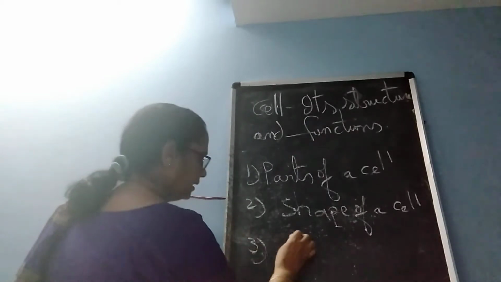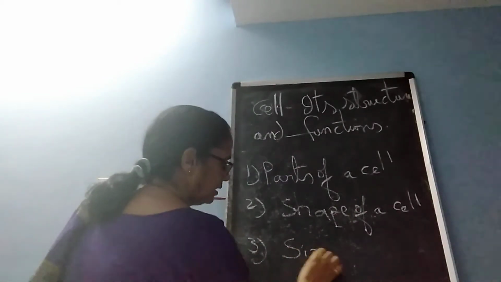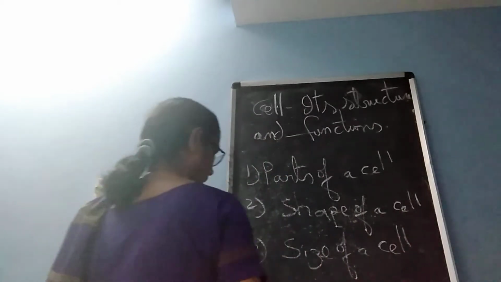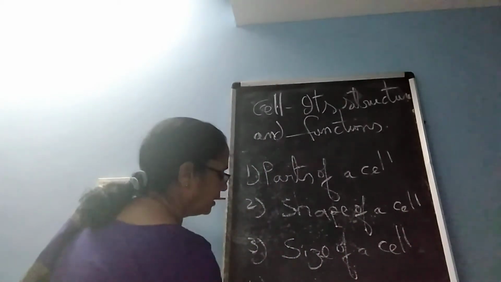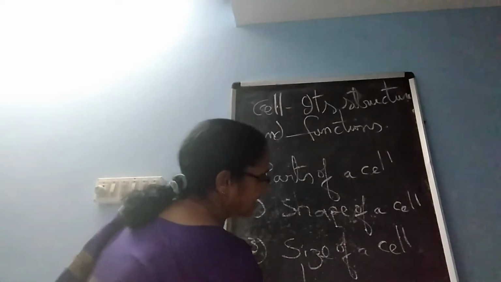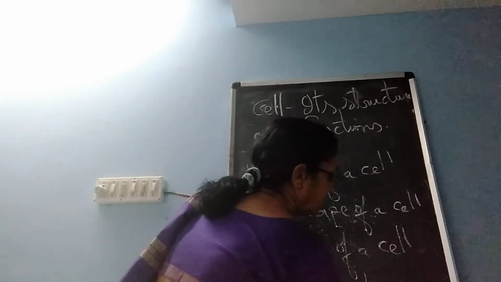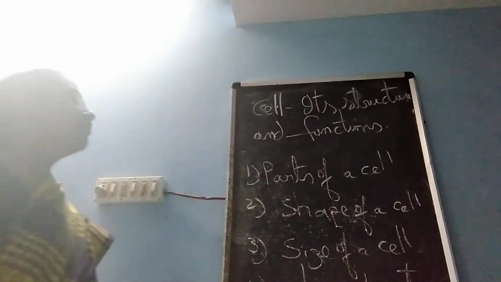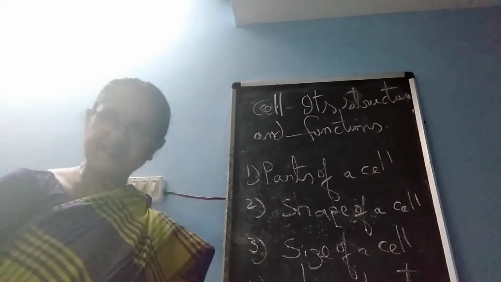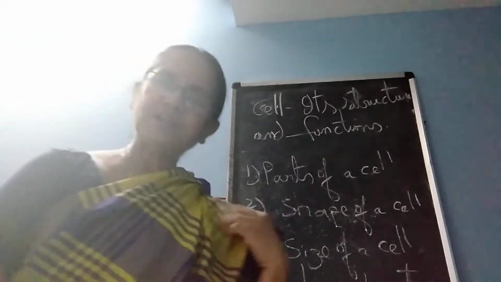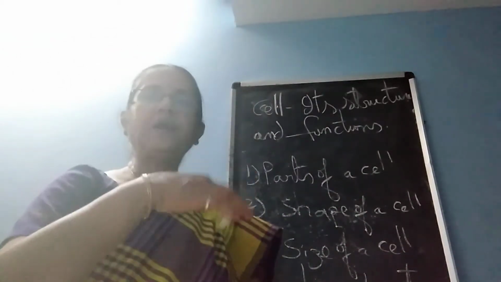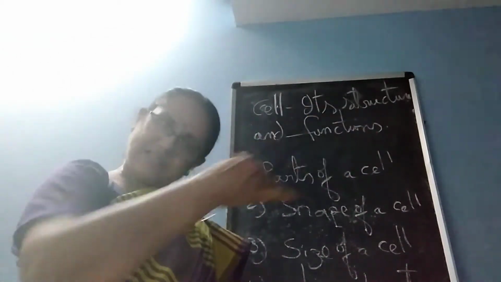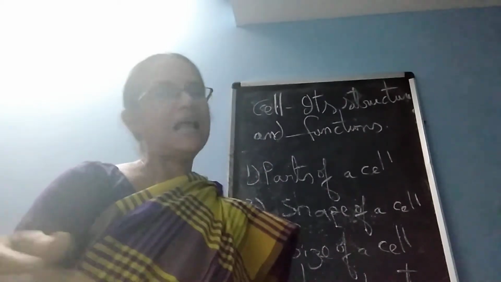Third is the size of a cell. Fourth is classification. First is parts of a cell. You have studied something about cell structure with different organelles in the 8th class. We'll study about this later.